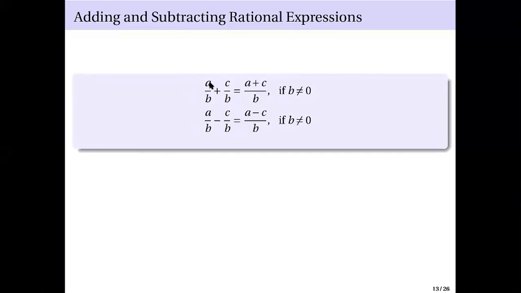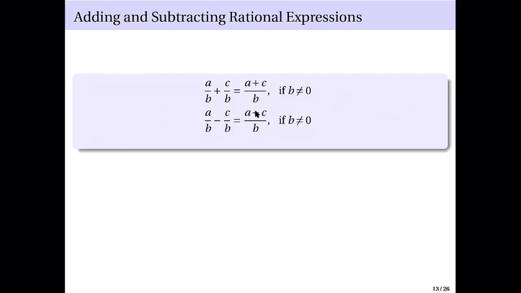Okay? So in here you have a over b plus c over b. Observe, you have the same denominator. So you just copy the denominator for the sum. And the numerator of the sum, you just add the numerators here. So a over b plus c over b, it's equal to a plus c over b. Okay? Same is true with the subtraction.